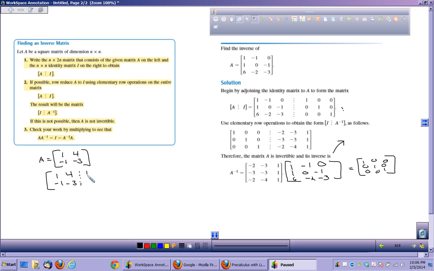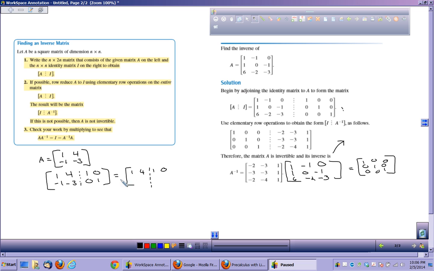And over here I'm going to put 1, 0, 0, 1. Like that, because that's the identity matrix corresponding to a 2 by 2. So now I need to get a 0 over there. So my first step would be to just plain add this row to this row, right? And so if I did that, I'm going to keep the top row the same, 1, 4, 1, 0, okay?